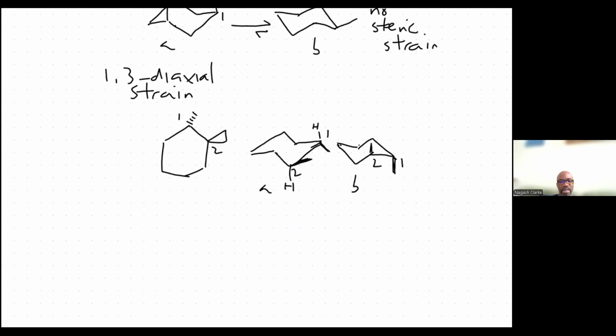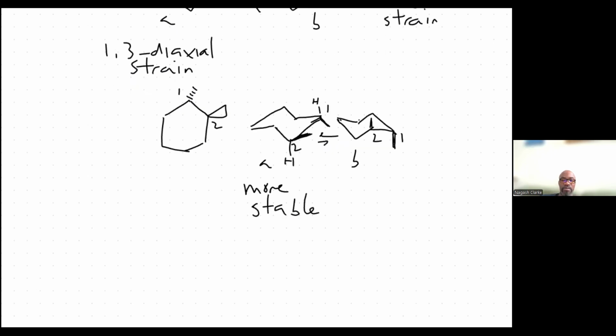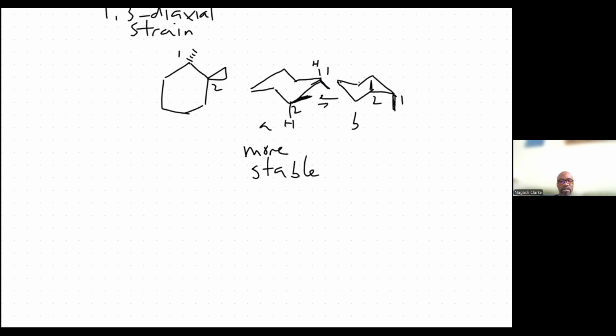Correct, it's going to be A, because in A both my substituents are equatorial. Whereas on the ring flip, both substituents are axial. So not stable at all.